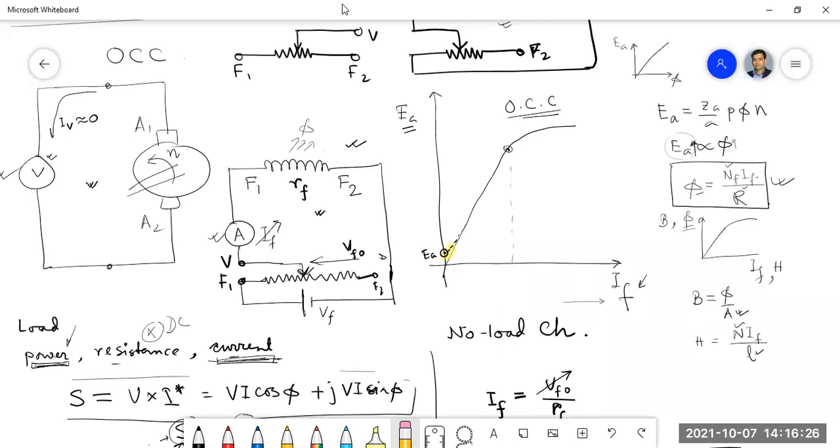Practical aspects. Think about the practical aspects. My question is whether we can draw an OCC curve in case of shunt DC generator or not. If it is not straightforward, by any means we can accomplish that or not. Okay, so that is my question.